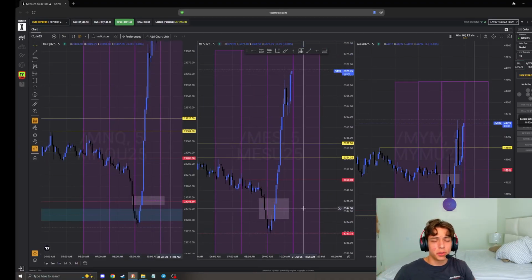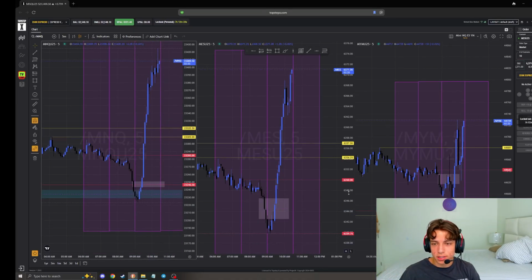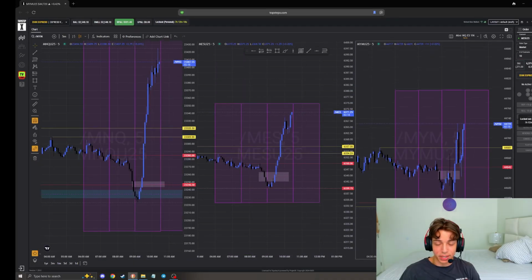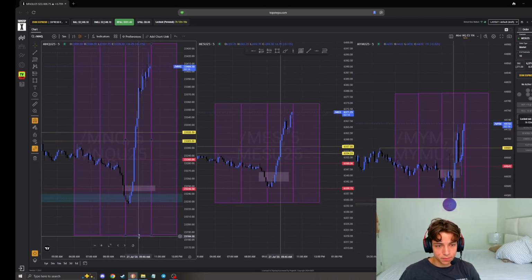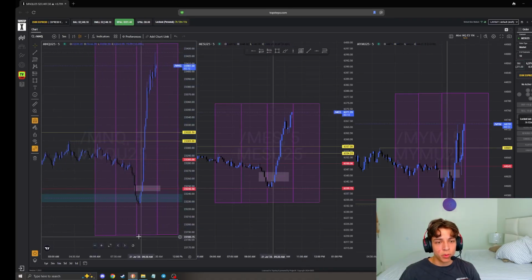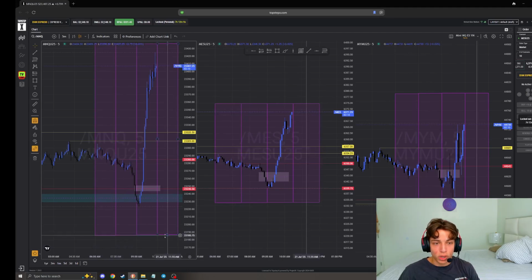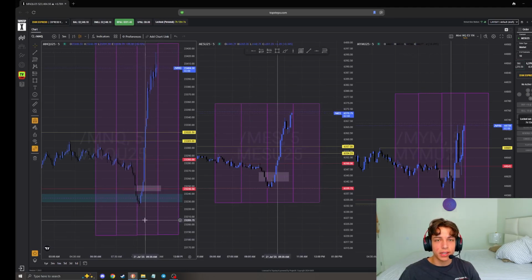If you don't know what quarterly theory is, it basically divides time into quarters: the monthly quarter, weekly quarter, daily quarter, and so on. These four boxes are the 90-minute cycle, which consists of one session. Then it's four sessions for the daily cycle, which is one day.